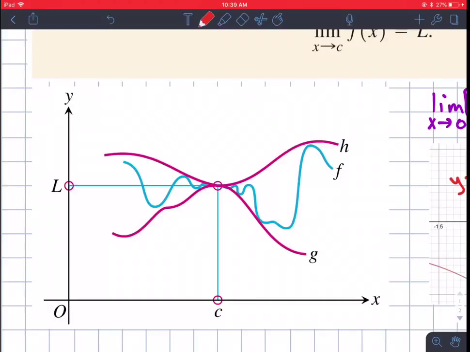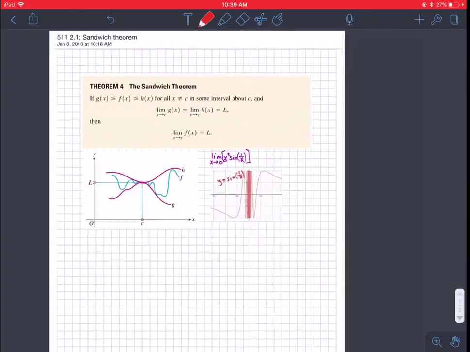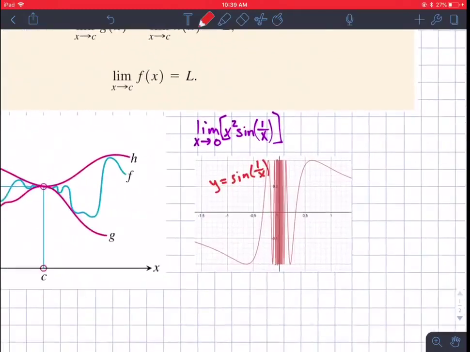If we look at this limit for h as x approaches c, h of x is approaching L. g of x is also approaching L. And so f must be approaching L too. That's the basis of the sandwich theorem.